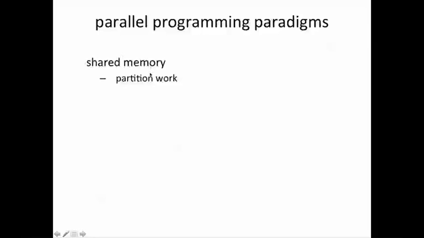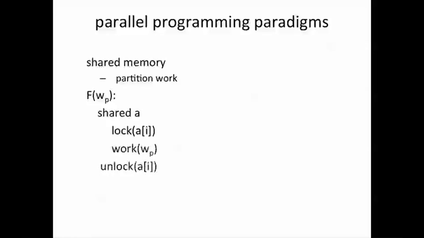For example, one might partition work using shared memory in this way. Each processor does a particular piece of work called W sub p, and different processors do different work by locking that part of the data which they're working on, doing their work, and then unlocking the data or piece of data that they just worked on.